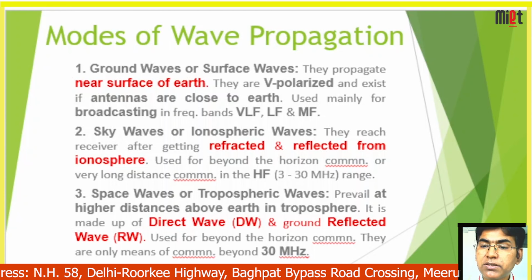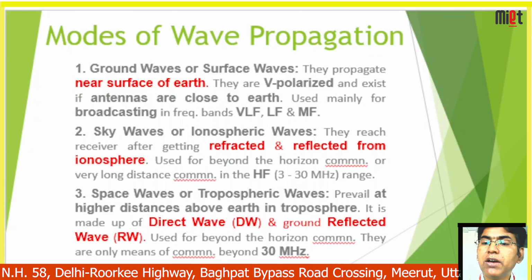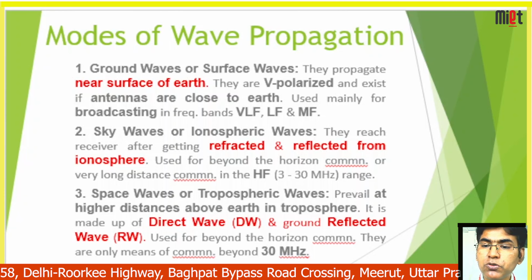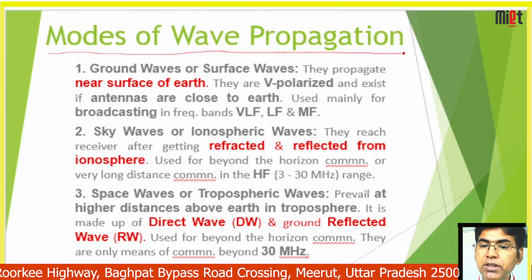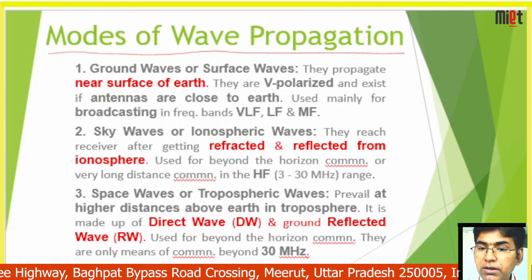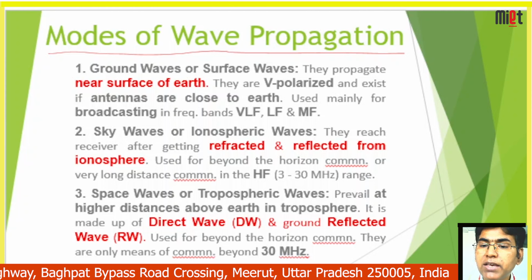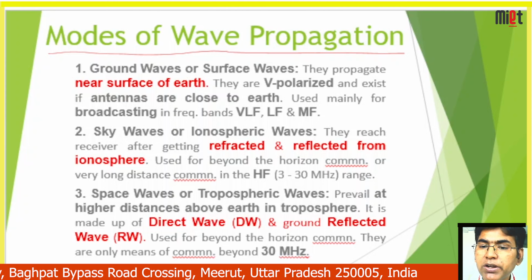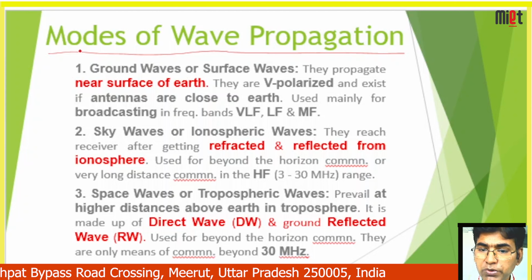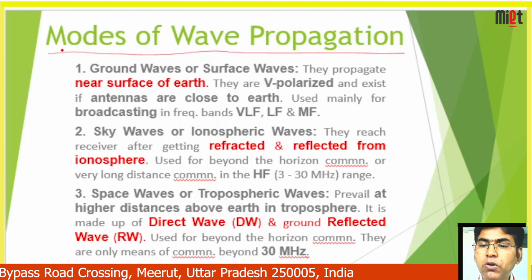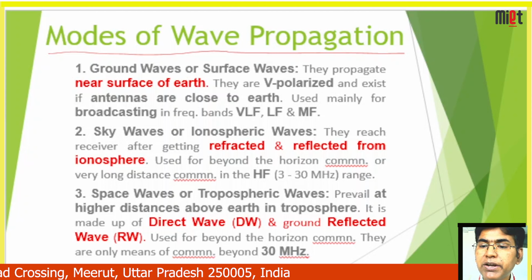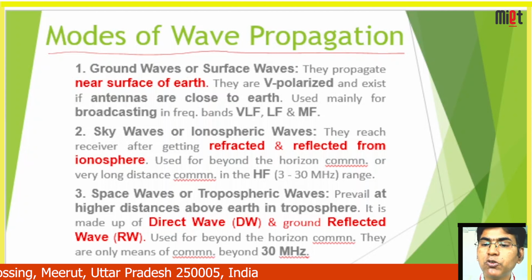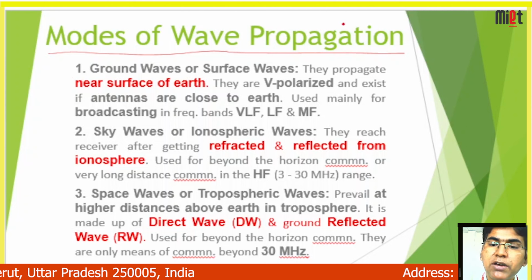So the next point is, what are the modes of wave propagation? Since an antenna can be used to generate electromagnetic wave, that wave will propagate into space from transmitter to receiver. That wave propagation has several modes, and that topic is called modes of wave propagation.